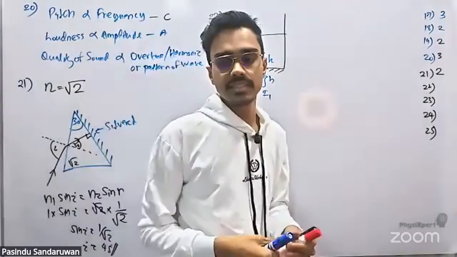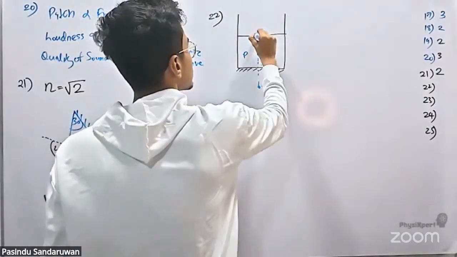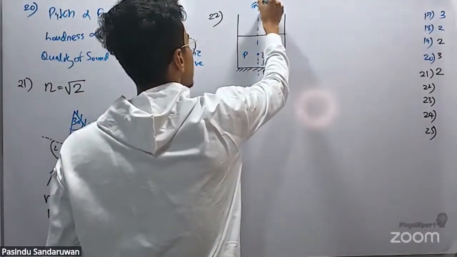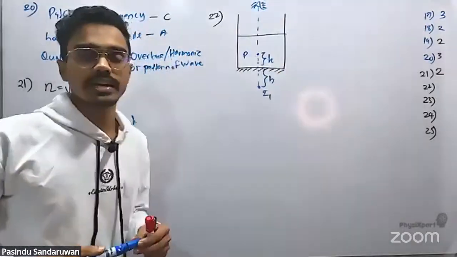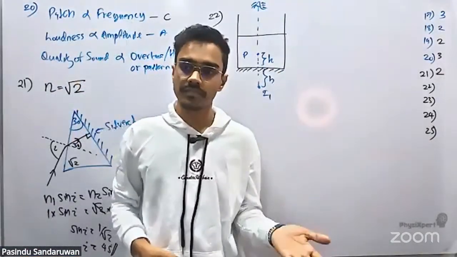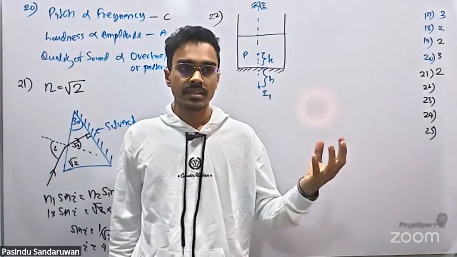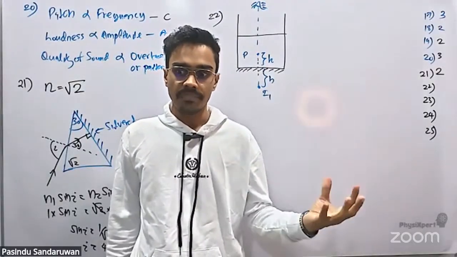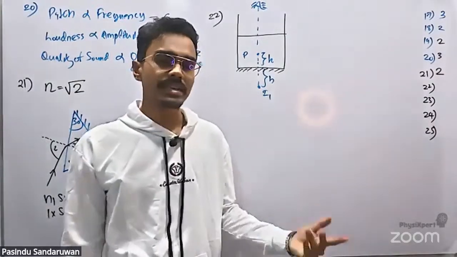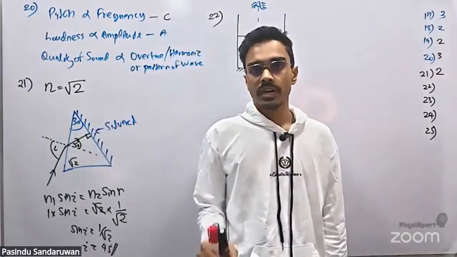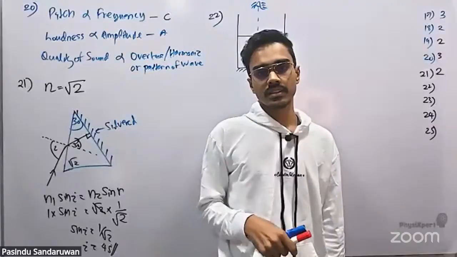Second image means if the person is looking through this line, we know that due to refraction at the water surface, he will see an uplifted image, which means a displaced image due to the apparent depth and real depth phenomena.